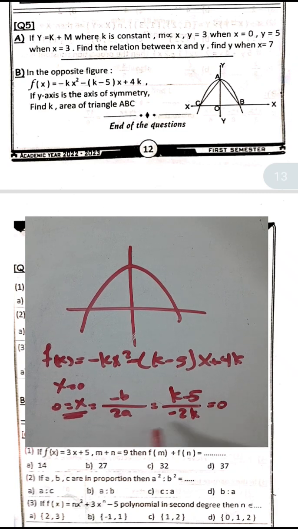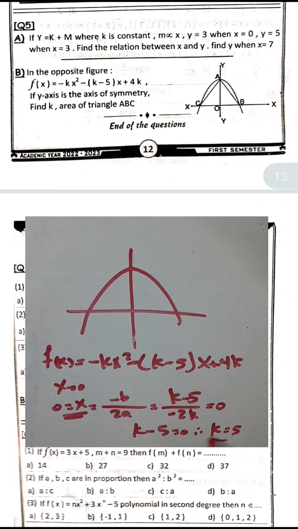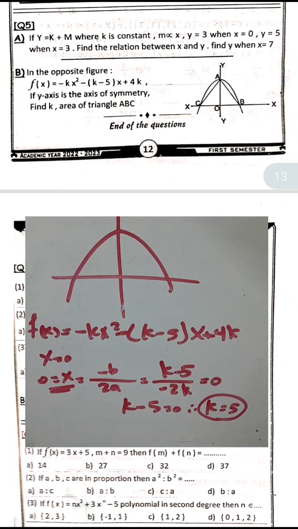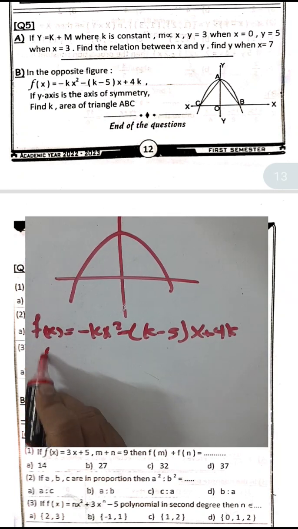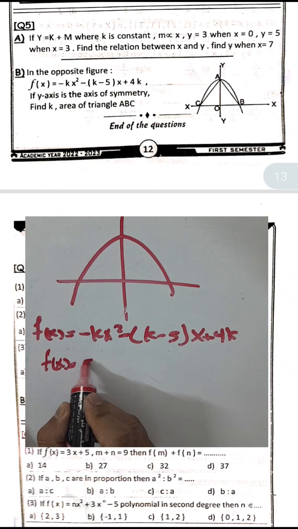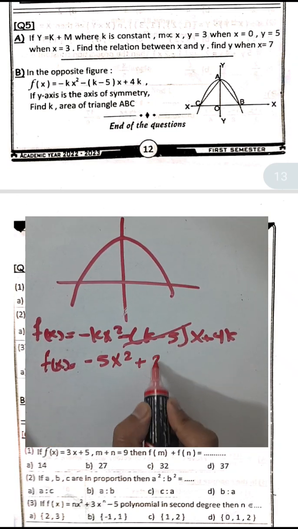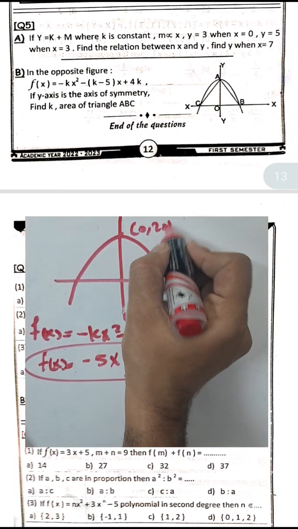Then k minus 5 will be 0, then k will be equal to 5. It's the value of k. Put k equal 5 in this function, then f of x equals negative 5 x squared plus 4 times 5, it will be 20. It's the function.